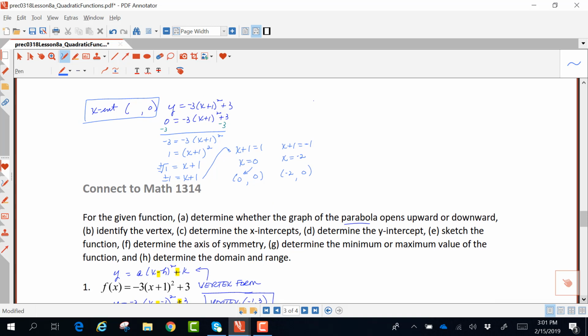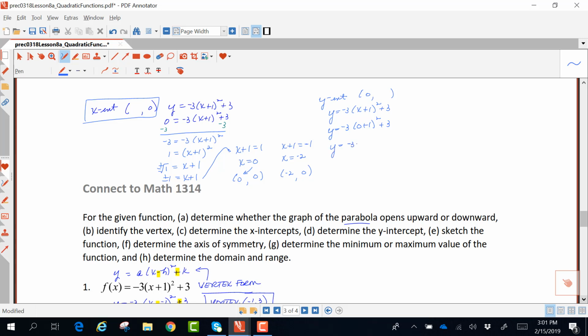I'm also asked to find the y-intercept. The y-intercept is usually a little easier to find because it is with an x value of 0. So again, referring to my equation of y equals -3 times (x plus 1) squared plus 3, I replace the x value with 0.